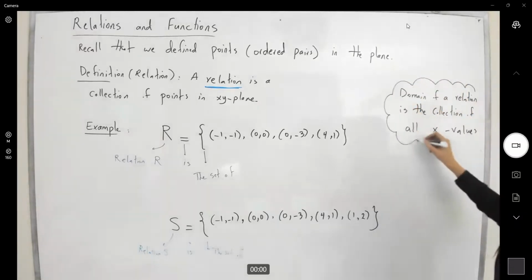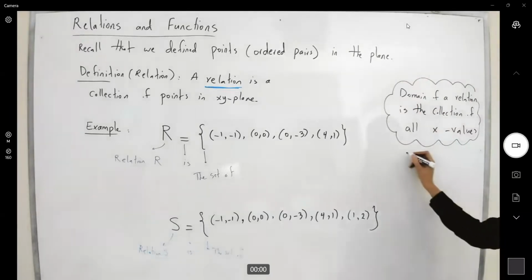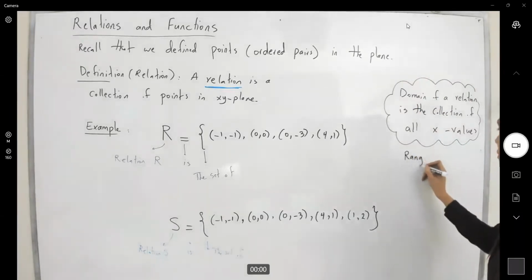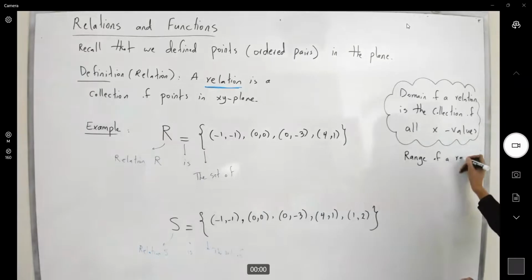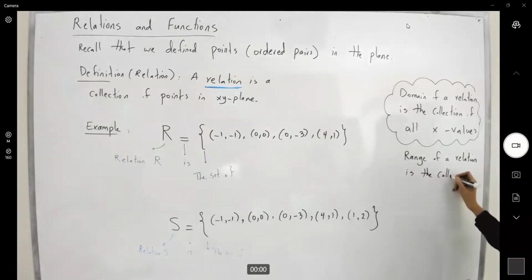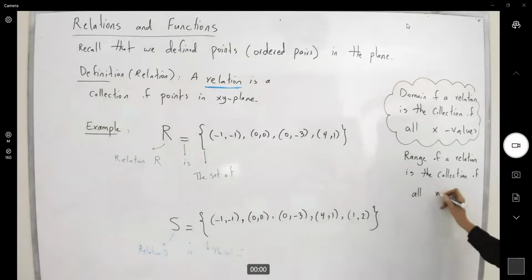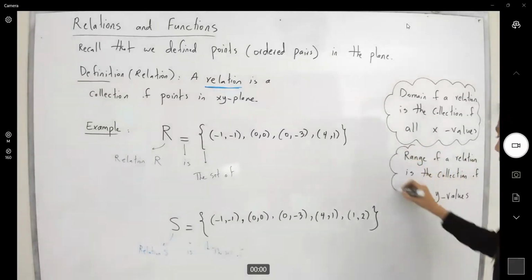This is the domain. And the range of a relation is the collection of all y values.